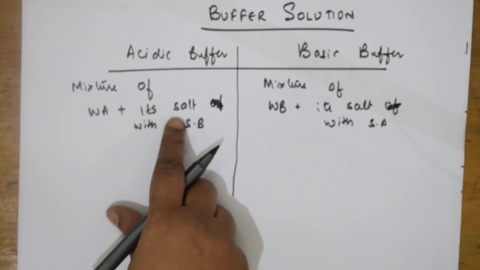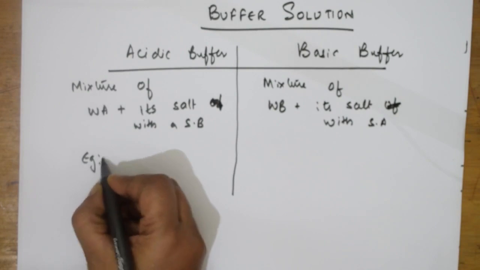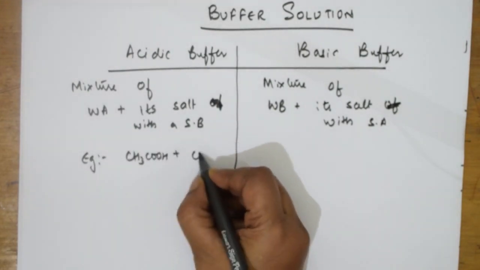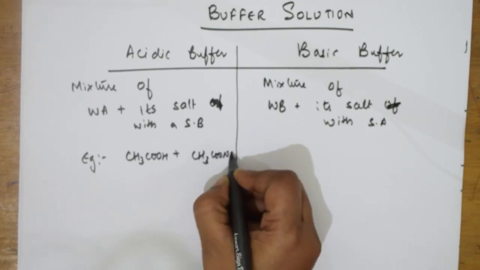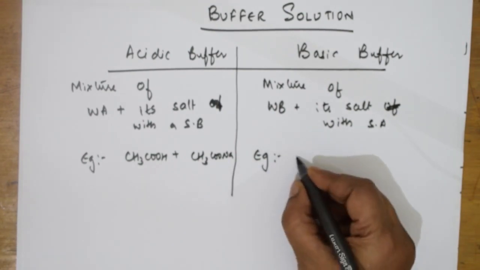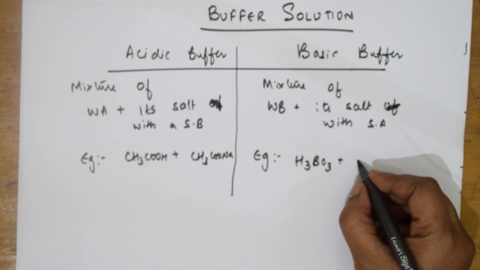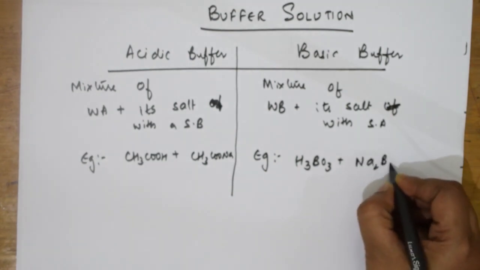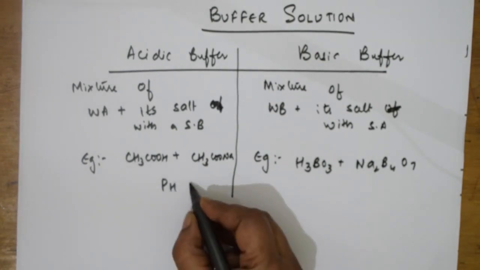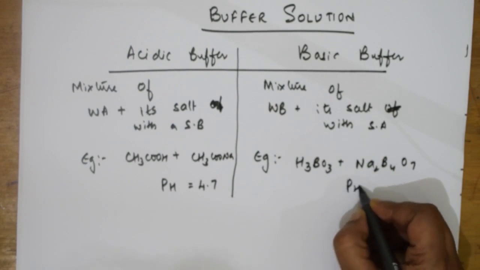Take the example of acetic acid, a weak acid, and its salt CH3COONa. Another example is boric acid and its salt with a strong base, Na2B4O7. For the first, the buffer pH will be almost 4.7. For the second, the pH will be almost 8.